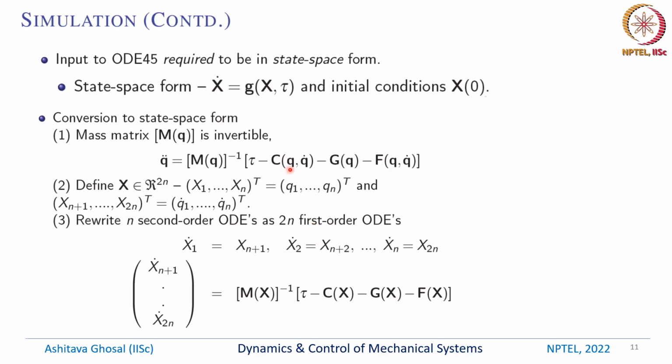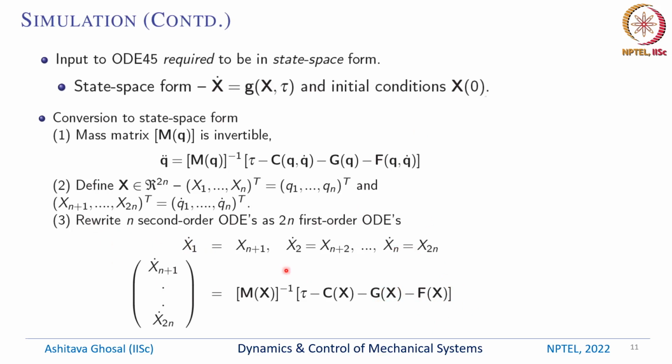So instead of writing it as q and q dot, we can write it as a function of x. This tau is a function of time, so it's not a function of x. But gravity could be a function of q, but it is not a function of q dot, but nevertheless we write g as a function of x. The friction will be a function of both q and q dot, which is a function of x.